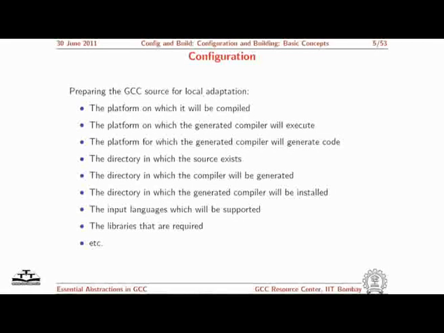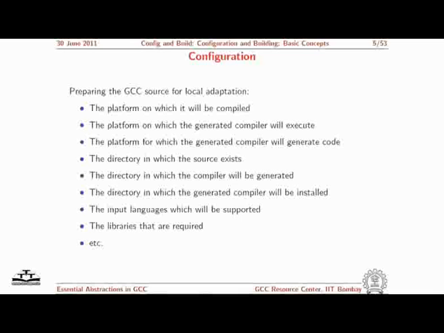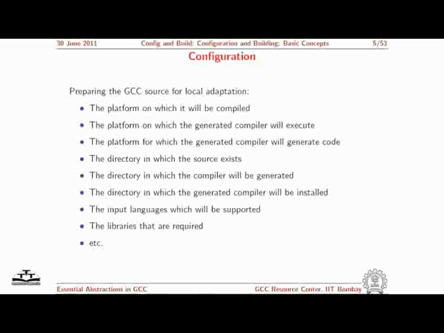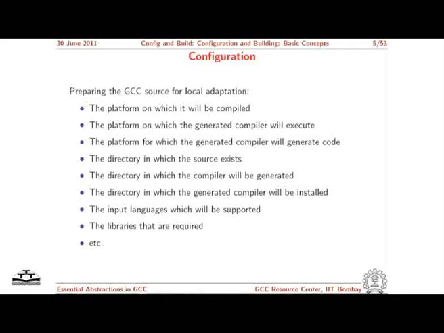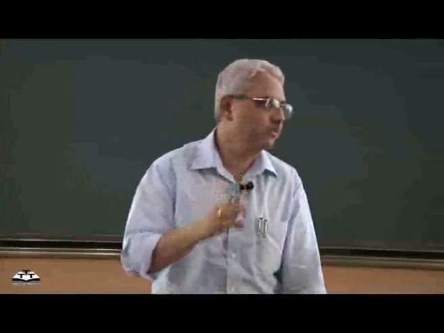Having defined the platform on which I'm going to build a compiler, I have to specify the platform for which I have to build a compiler. Am I going to generate code for i386? Am I going to generate code for some other machine, maybe MIPS? I have to specify the platform on which the generated compiler will run. I'm building a compiler on this laptop. Am I going to execute the compiler on this? Maybe it generates code for my proprietary processor. Is the compiler going to run on the proprietary processor, or is it going to run on some other machine?